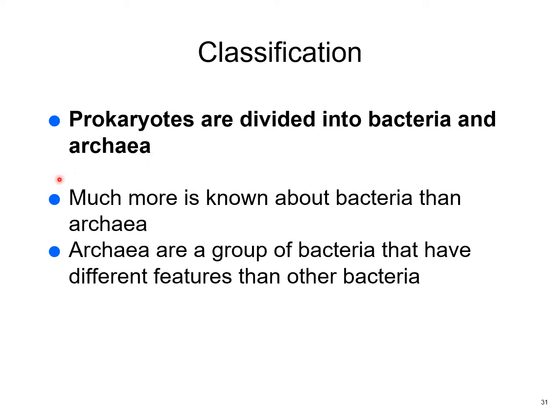They're just chemically totally different. The DNA is totally different. Everything's different. A lot more is known about bacteria, and archaea is a little bit of a misnomer. It should say they're a group of bacteria-type organisms that have other features than bacteria.